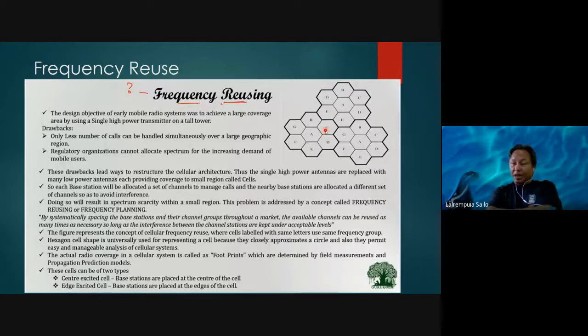Edge means the cell tower, the base station, is located at the edge. If it is CC, then it lies at the center of the cell. Is it clear?